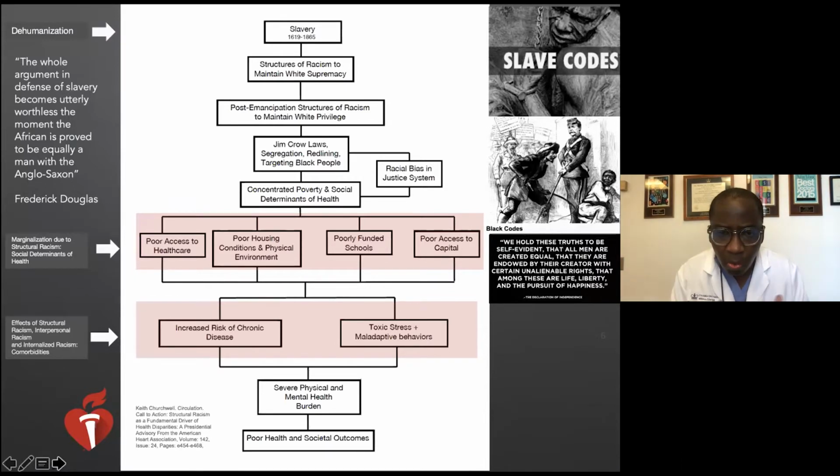And what this all did is they coalesced to create significant chronic socially structured stressors in Black communities, which spilled over as toxic stress, giving rise to maladaptive behaviors and a silent epidemic of mental health challenges, which also served to increase the risk of chronic disease, hence creating the divergence between Black health and white health, and the disparities that we see today.